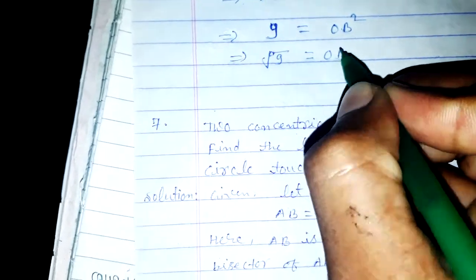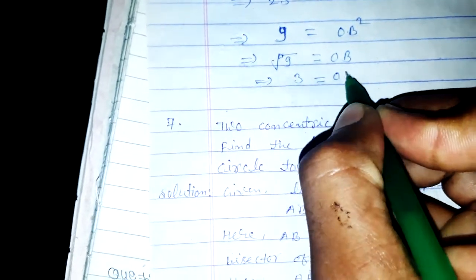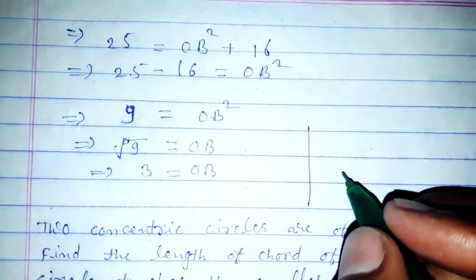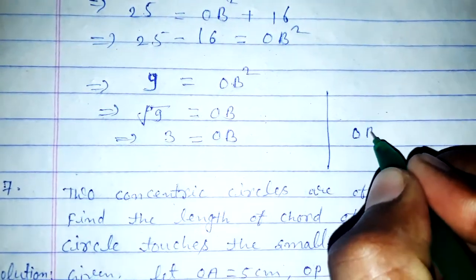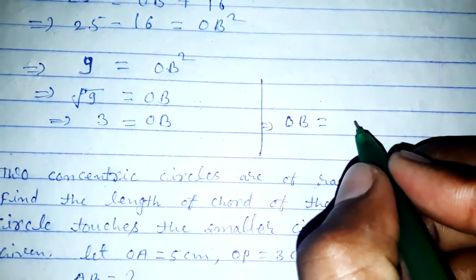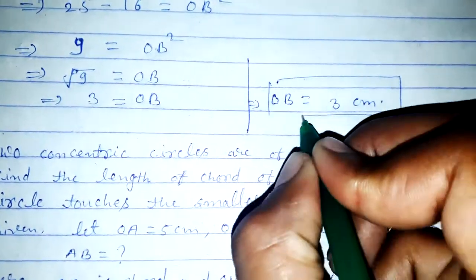Square root of 9 is equal to OB, so OB is 3 centimeter. This is your answer.